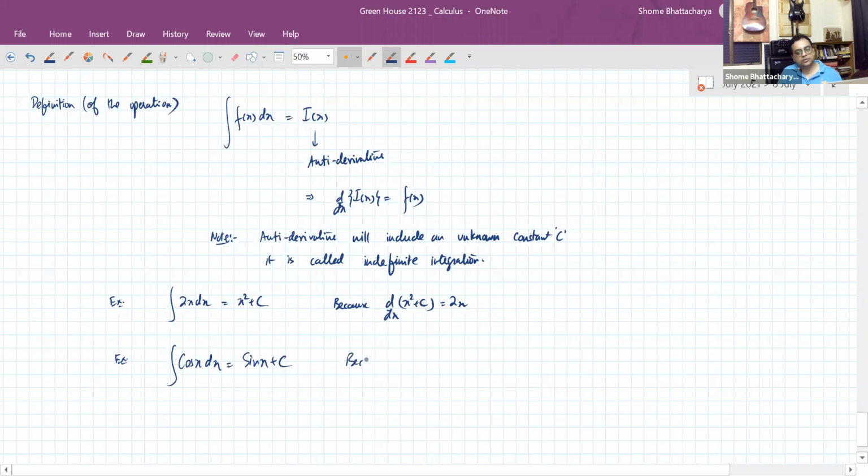Why? Because the differentiation of sin x is cos x, and the differentiation of any constant is 0. Likewise, integration of 4x cubed is x to the power 4 plus c, because differentiation of x to the power 4 is 4x cubed.